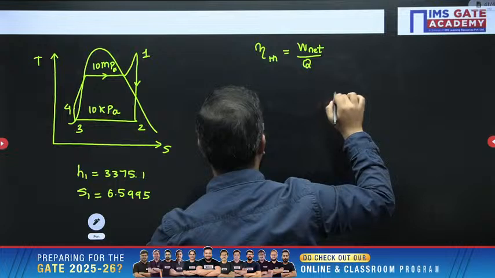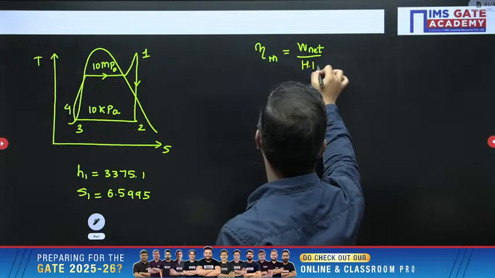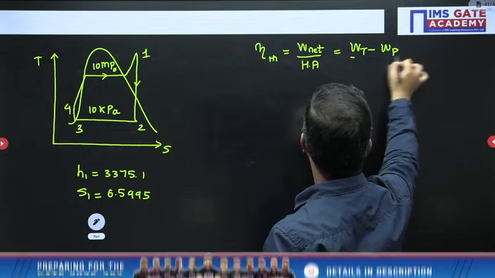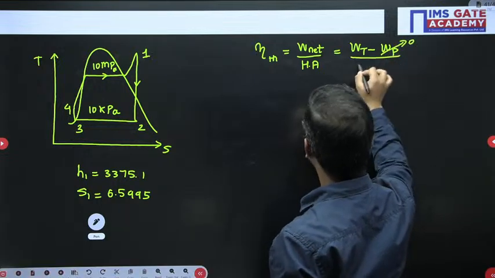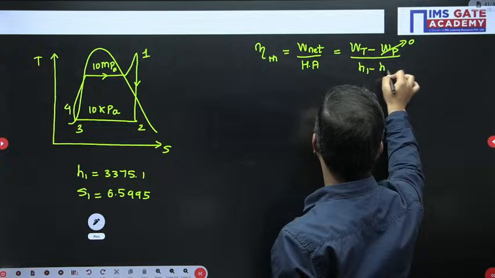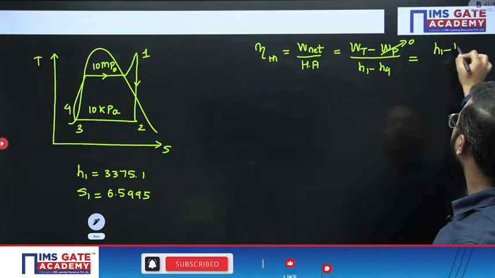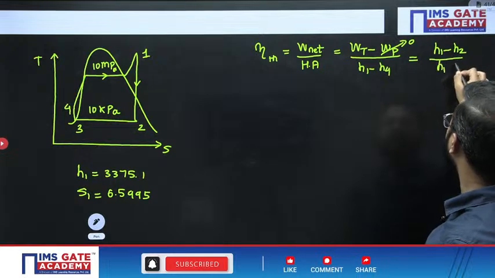Net work is turbine work minus pump work. Pump work they have asked to neglect. Heat added means H1 minus H4. Turbine work is H1 minus H2, divided by H1 minus H4.